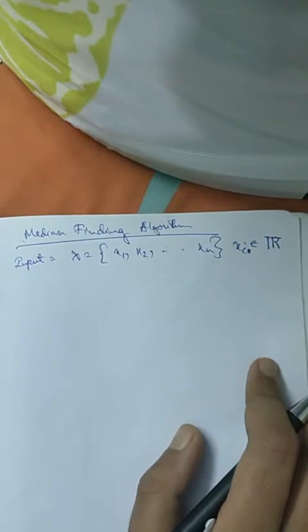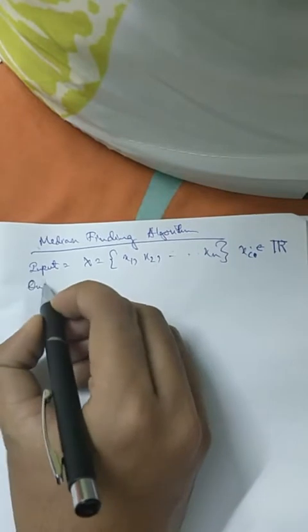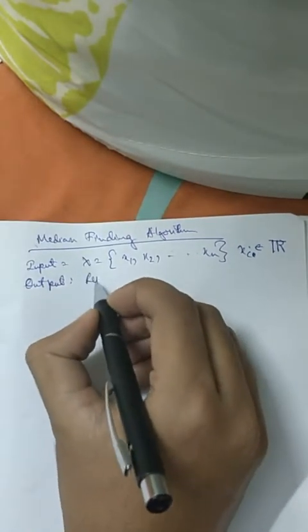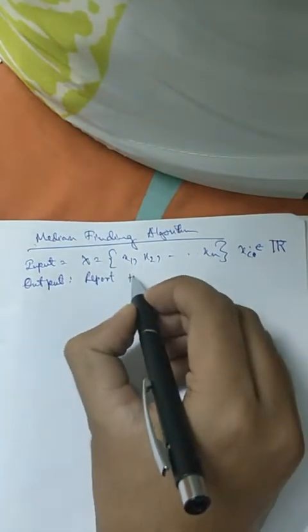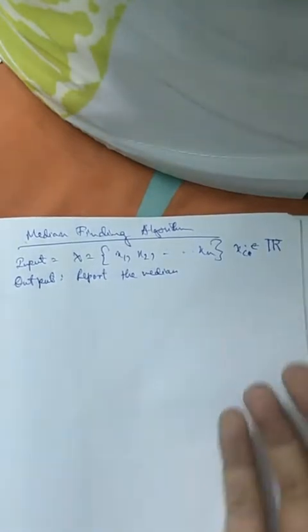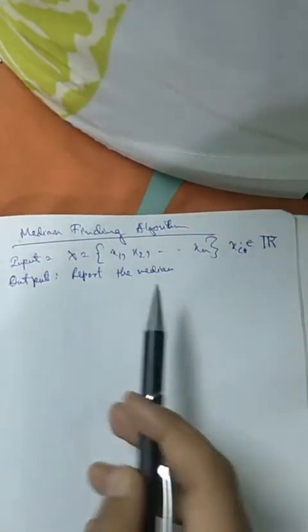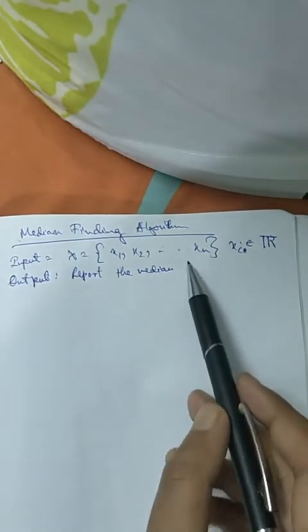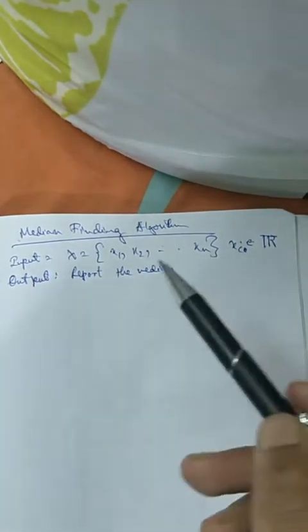So what our required output is, is to report the median of these. So what is a median? Median is basically, if we sort these n numbers, we have to report the middle element.